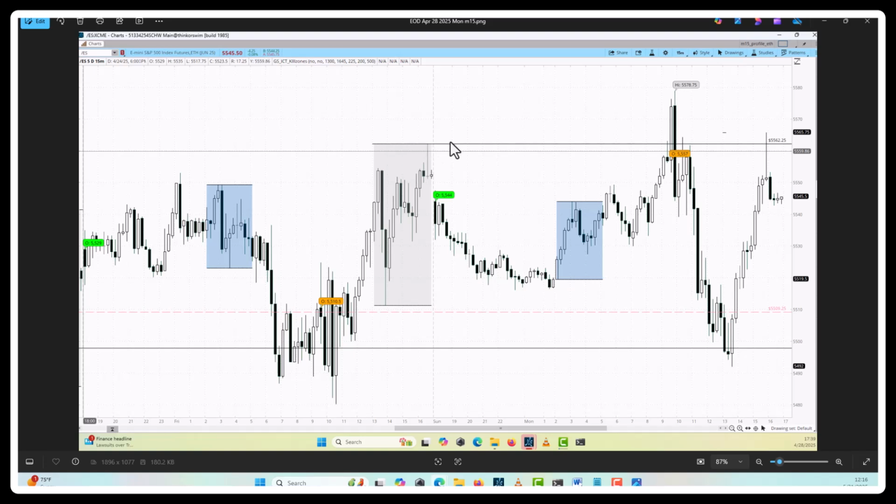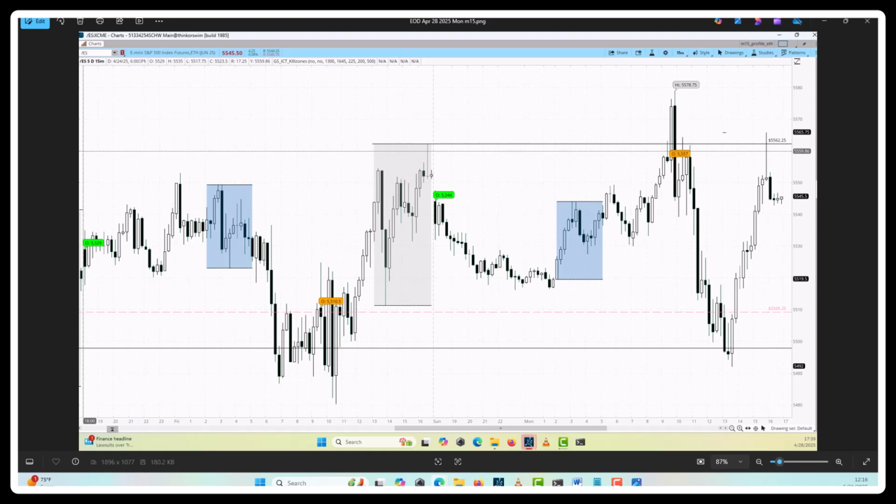You see that it takes out the PM, which is also the high of the Friday, which is the prior Friday before that. And you see that it trades that liquidity and boom, it reverses. So that's the typical Judas swing that we often refer to.